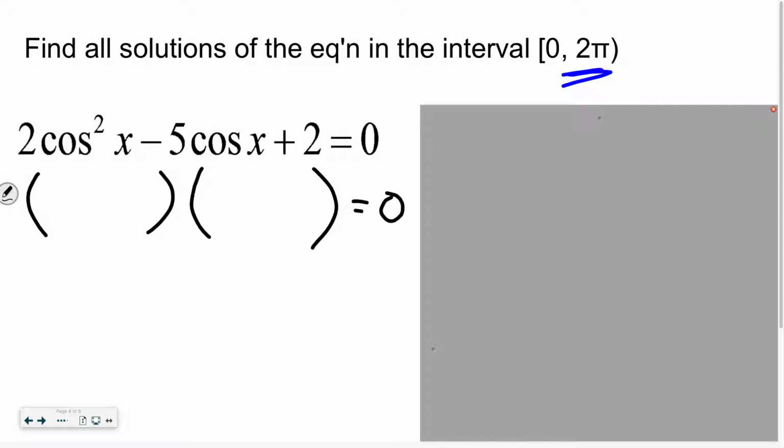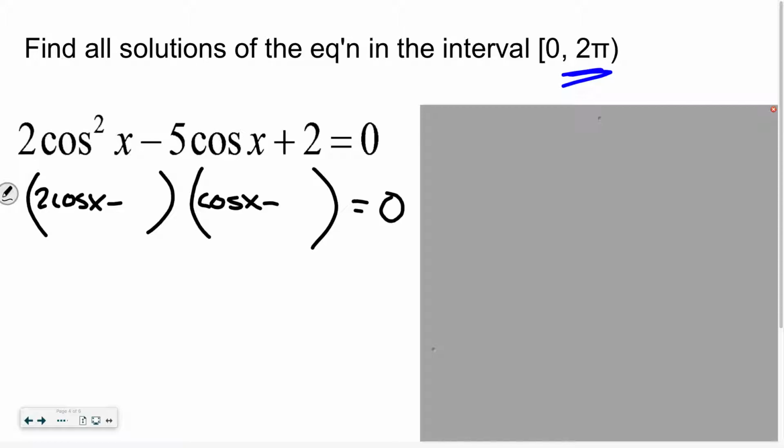Two groups of parentheses. To get my first term, 2 cosine squared x, I must have had a 2 cosine x and a cosine x. My last term is positive, but my middle term is negative, so they must both be minus signs. So the negative times a negative will be a positive. And then what are factors of my last term? 2 and 1 to get 2.